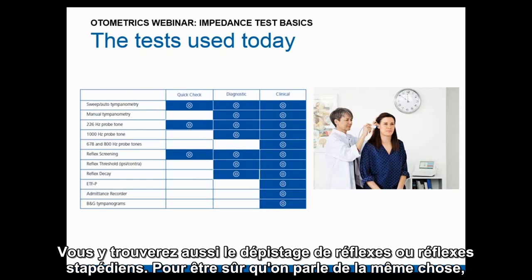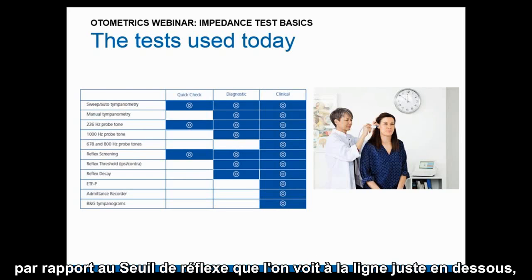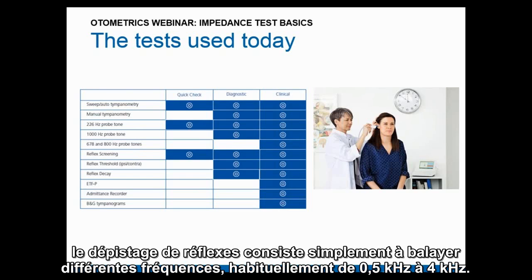So the reflex screening, just to make sure that we are talking the same language, compared to the reflex threshold you can find on the line just below. The reflex screening just will be about sweeping through different frequencies. Basically, you have the 0.5 kilohertz up to 4 kilohertz.